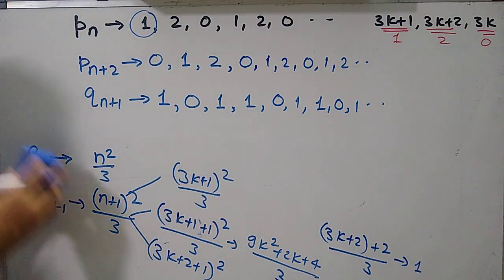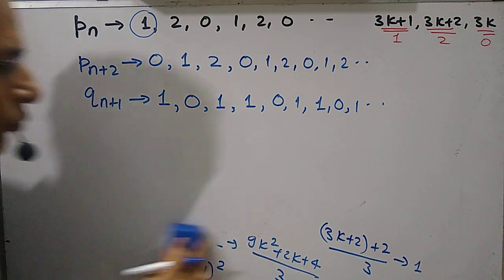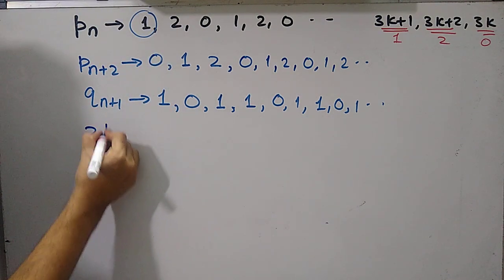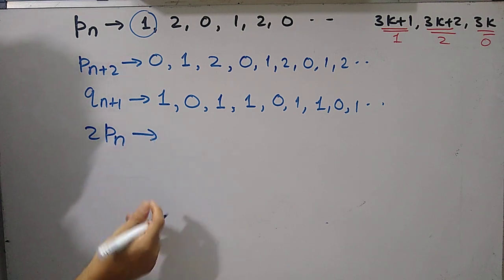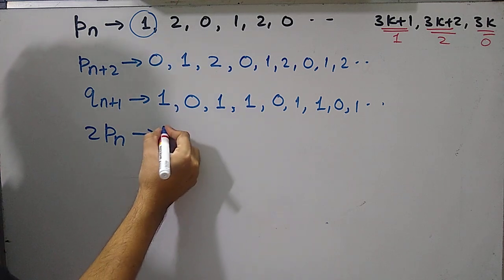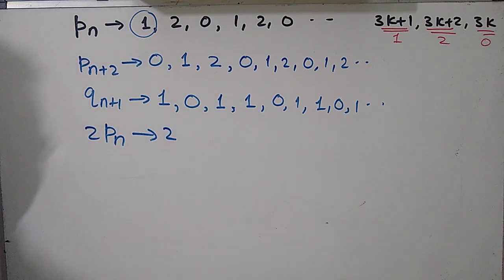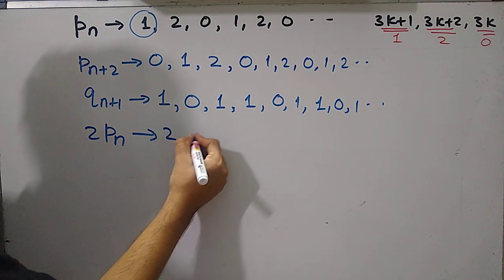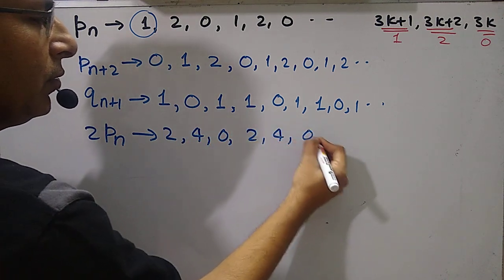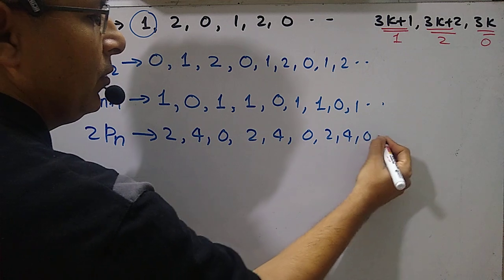Now we have to find out 2 times Pn. What is 2 times Pn? So we have to multiply this term with 2. So it is 2, 4, 0, then 2, 4, 0 and so on.